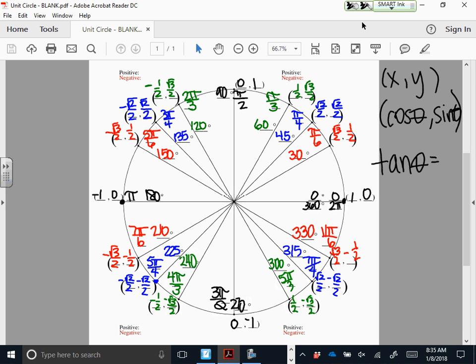If we're talking about the tangent of 30 degrees, we would want to do opposite over adjacent, correct? 1/2 over radical 3 over 2. Well, if we're taking this coordinate, 1/2 over radical 3 over 2 would be the y coordinate divided by the x coordinate. Do you agree? Okay, so if we want the tangent at any angle, we need to take y divided by x.